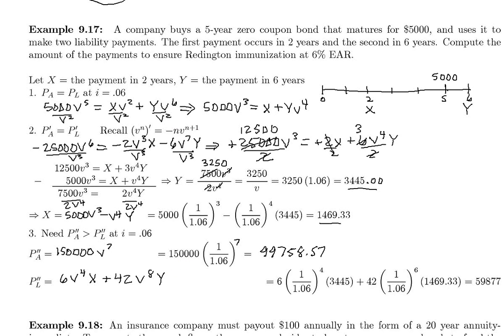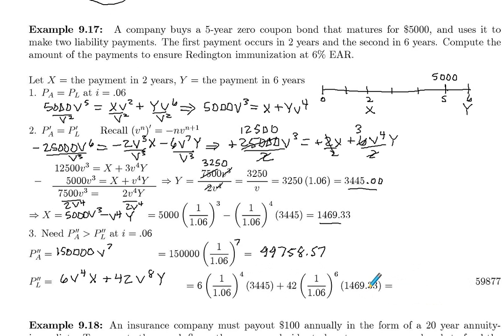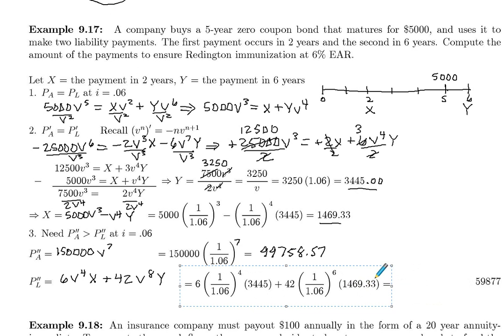And if we do the plug-in that we need to do here, with v is 1 over 1.06, we'll have 6, 1 over 1.06 to the 4th, times our 3445, and then plus 42, 1 over 1.06, this should be an 8, times our 1469.33 from right here.